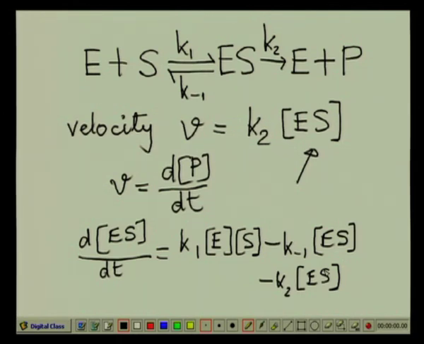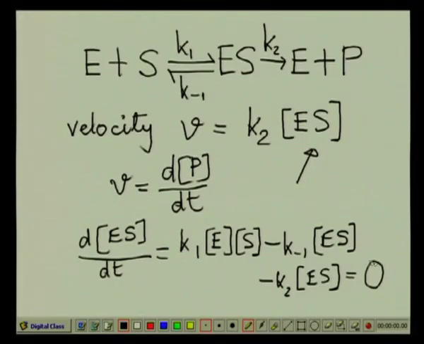So, what do I have? I have an expression that tells me that this d ES dt is going to be K1 E S because it is formed by K1, it is destroyed by K minus 1 and K2. Now, if I am to apply the steady state here, what do I equate this to? I equate this to 0. Why? Because its rate of formation is equal to the rate of destruction.